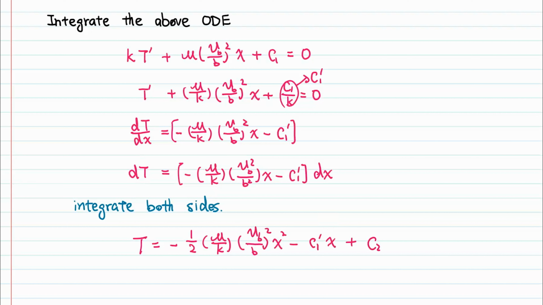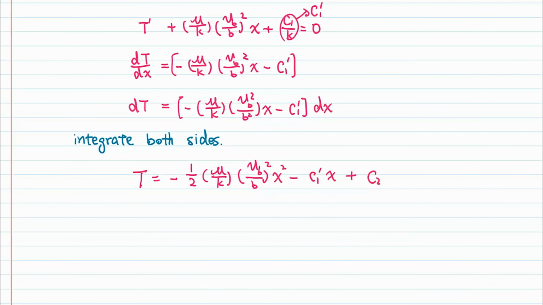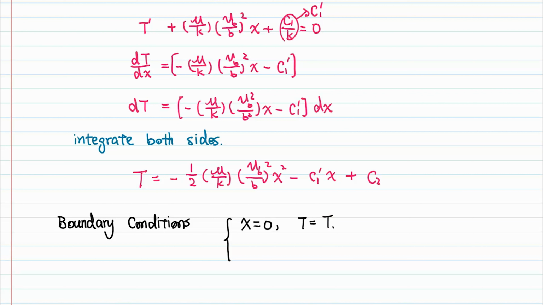Okay, now we need to apply the boundary conditions. Let's say our boundary conditions are the following. At x equals 0, we have T equals T naught.